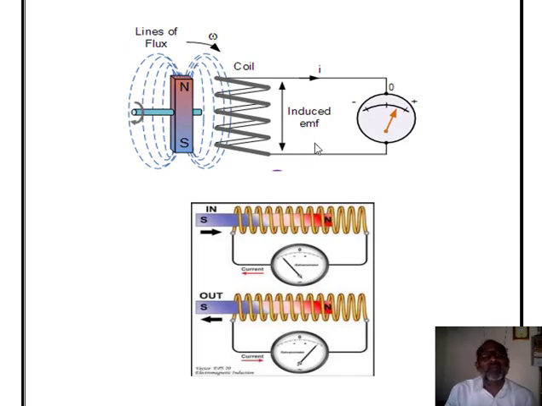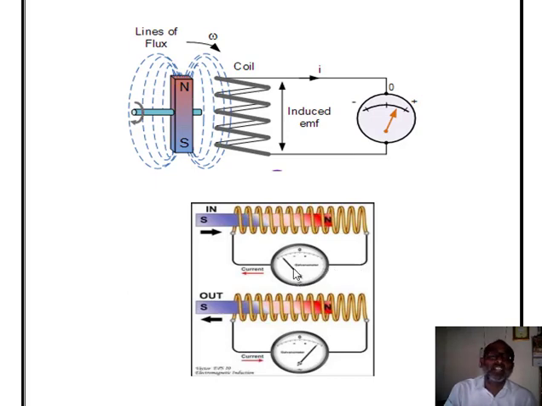Now let me perform another practical. Now this permanent magnet moves towards this coil. You can see that at that time this galvanometer shows deflection in one direction. Here it is on the left side. That means there is a current passing through this galvanometer, and only then does the galvanometer show deflection. The closed circuit is always present.